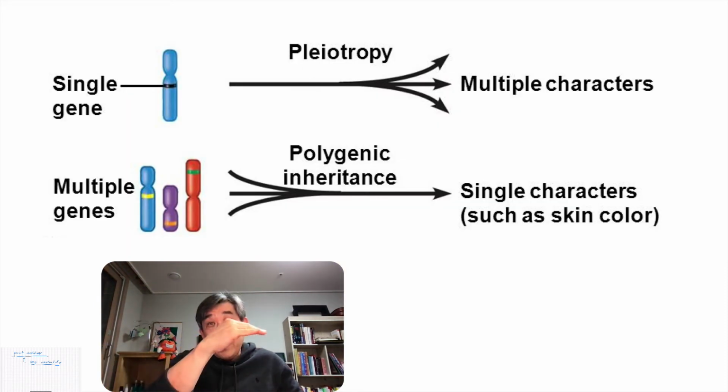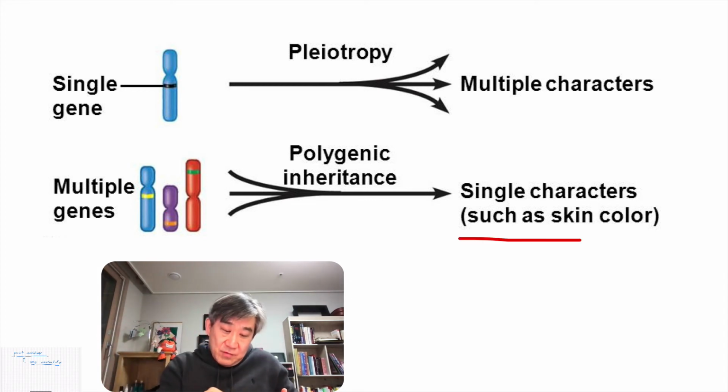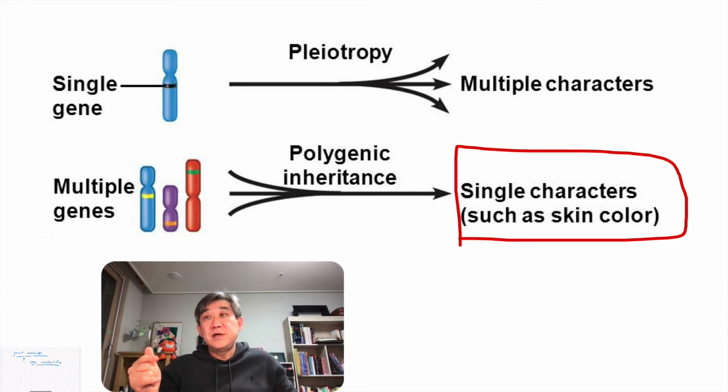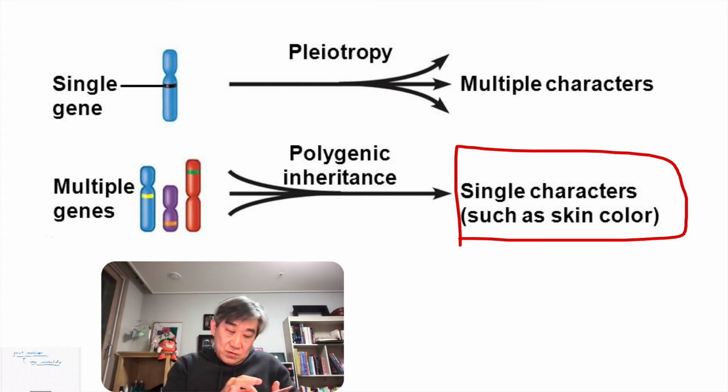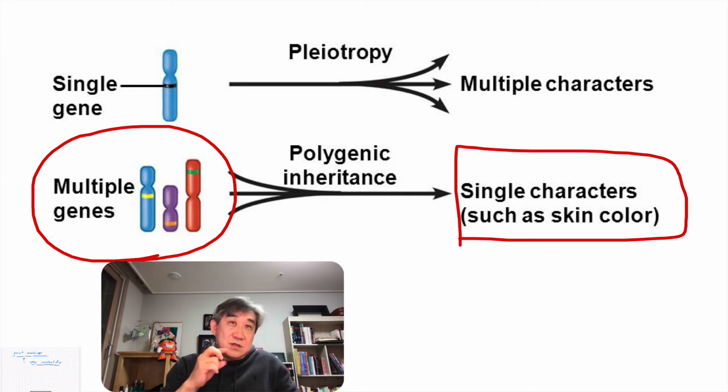However, the other way around, you have single characters as one specific trait, like human skin color, eye color, or even intelligence, height, body weight, and many others. There are so many occasions where each single trait is the result of multiple gene interactions, not a single gene.